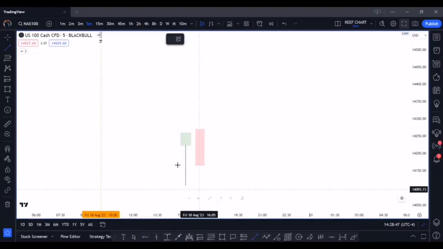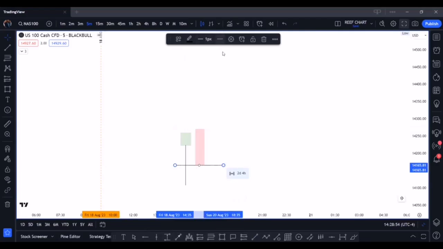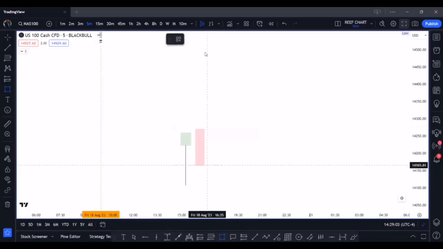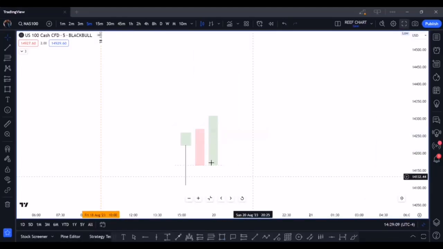When we speak about rejection blocks, the midpoint in good English terminology would be called either the mean threshold or the consequent encroachment of that candle, and then the candle escalates to the upside, which is very interesting. So this would be the rejection candle to the upside, and this states a reversal condition.